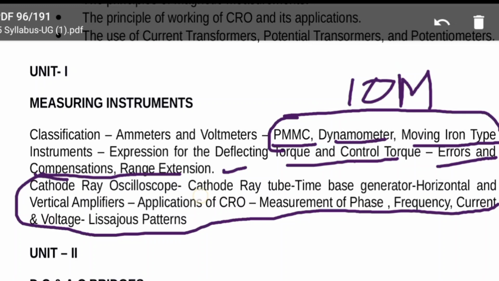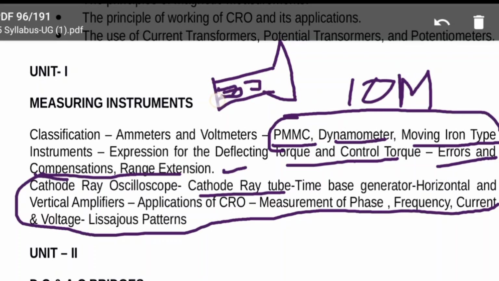But in the CRT, what are the parts? CRT is the cathode ray tube. What are the parts in the CRT? That is very important. You should know the parts of the CRT: the electron gun, the horizontal deflection plates, and the vertical deflection plates.